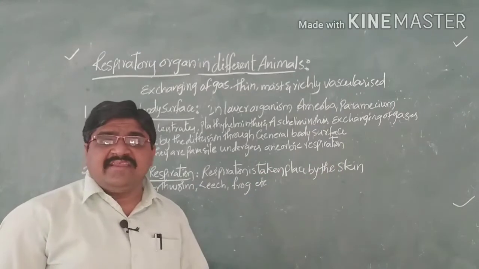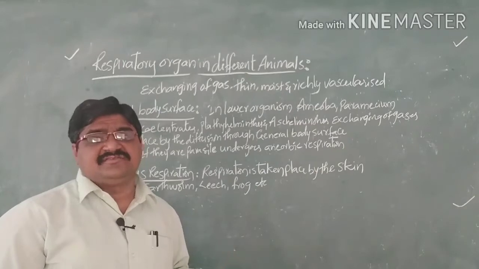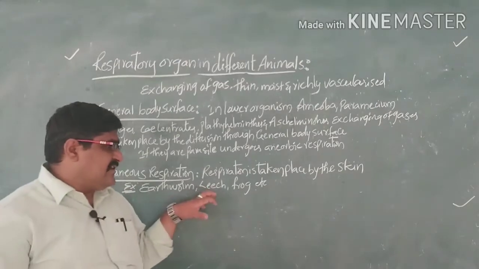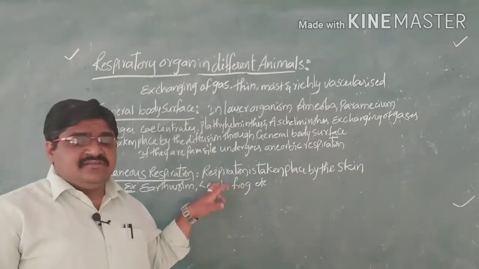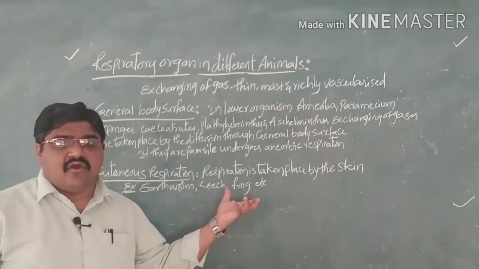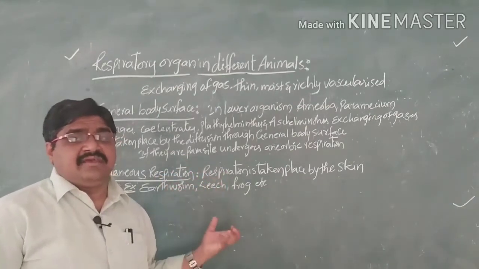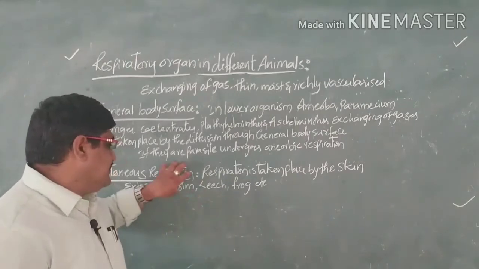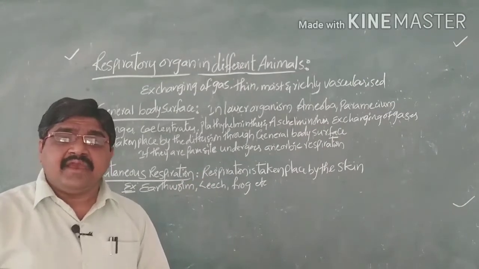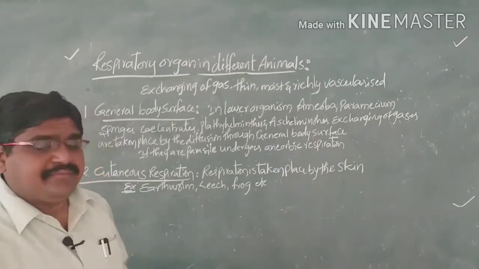These organisms we call cutaneous respiratory organisms, where the skin is the respiratory organ. It takes place mainly through the skin only, in the earthworm, leech, and frog, with a rich blood supply. This process we call cutaneous respiration. Next, we will see bronchial respiration.